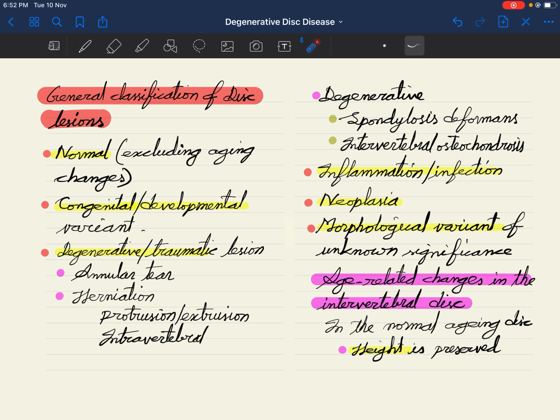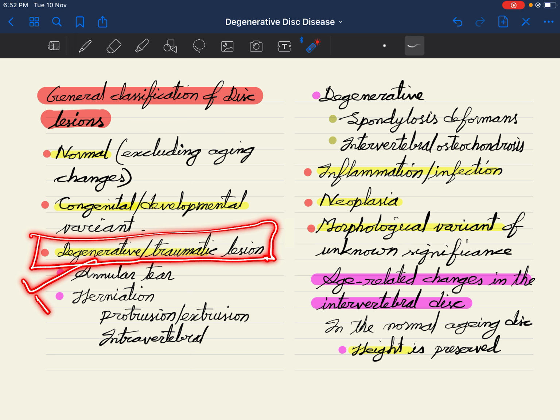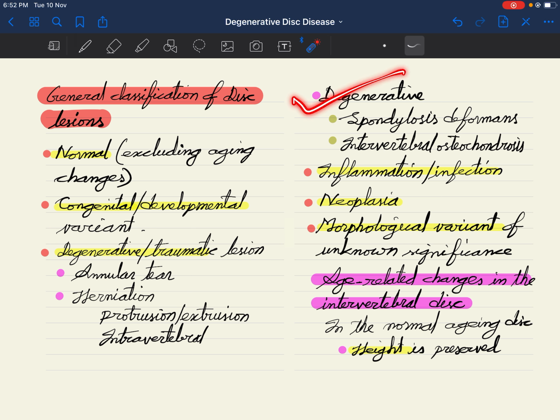There may be degenerative or traumatic lesions, and among the degenerative or traumatic lesions there may be annular tear, maybe herniation, maybe solely degenerative. Among herniation, the disc may be protruded, may be extruded, or intravertebral herniation, which will be discussed later on.